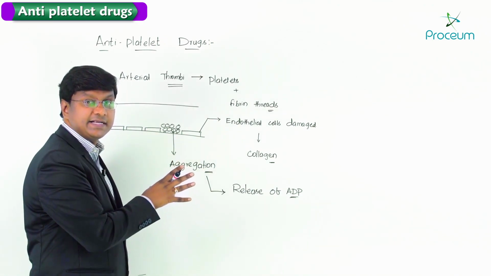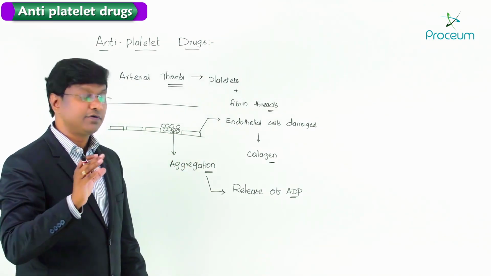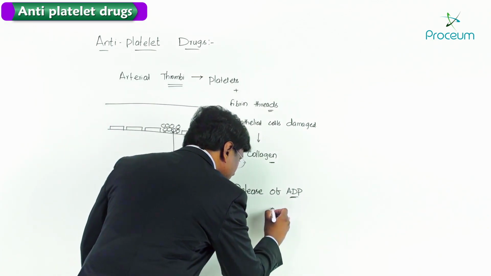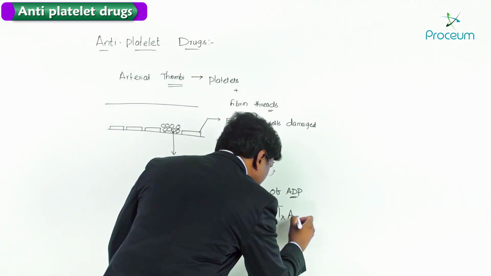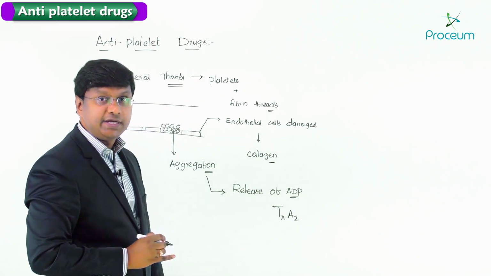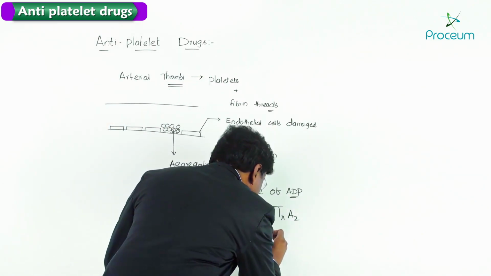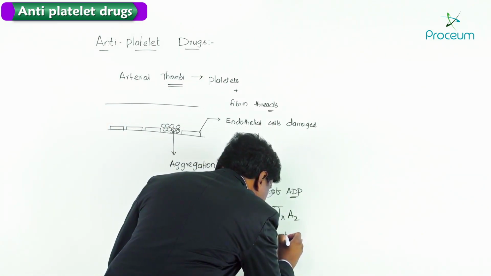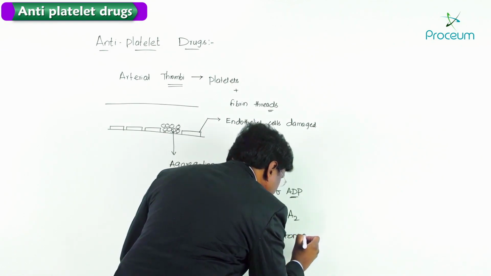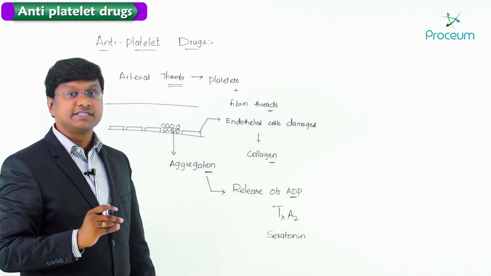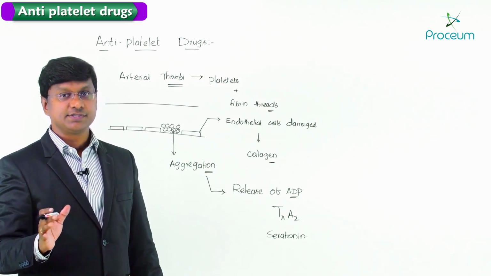These aggregated platelets will cause the release of ADP, thromboxane A2, and serotonin, and other substances.